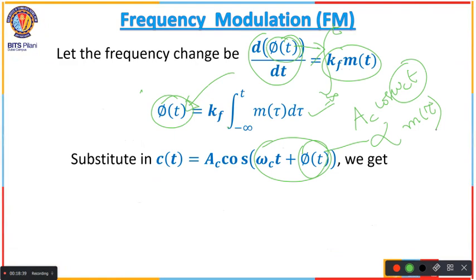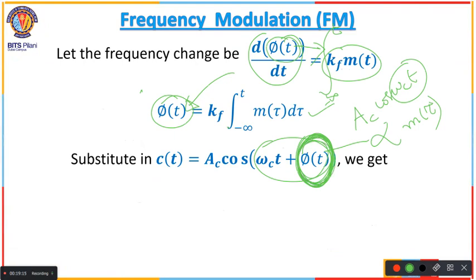This is the general equation for the angle modulated wave. Now it is left to you whether you keep this equation in terms of phase change only, or in terms of the frequency component.